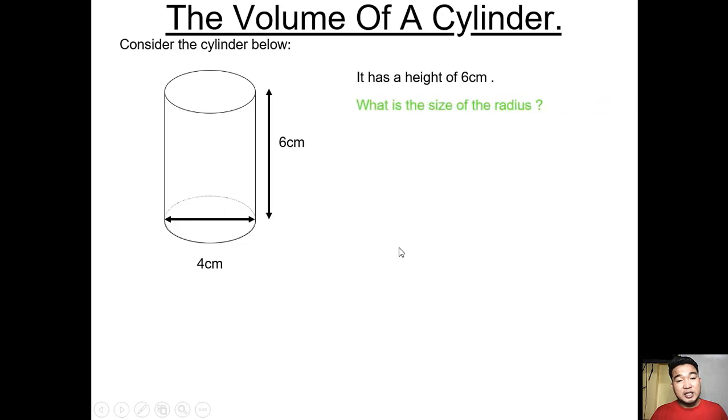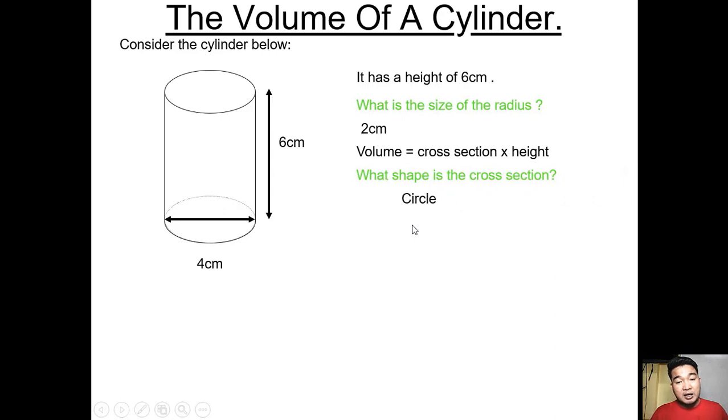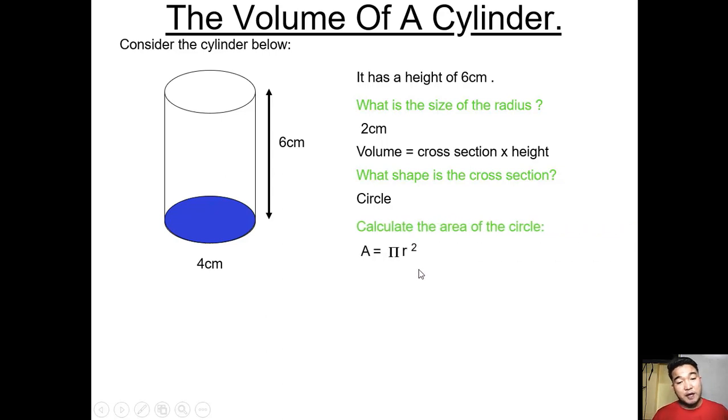So cylinder, how to calculate the volume? It has a height of 6 cm and the radius would be 1/2 of the diameter, which is equal to 2 centimeters. Volume is equal to cross section times the height. So this is the cross section. How to find the area of the cross section, which is a circle? So the formula would be A equals pi r squared.